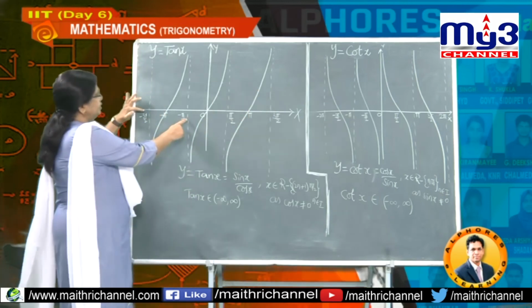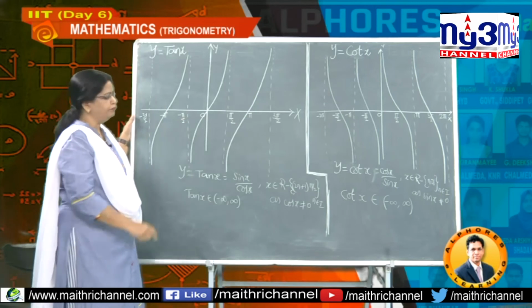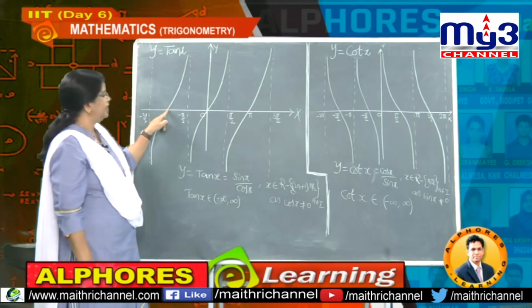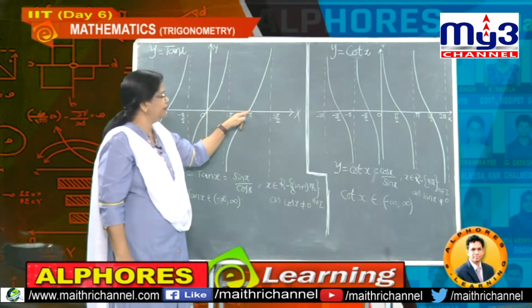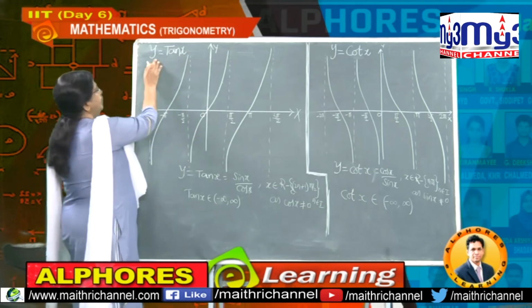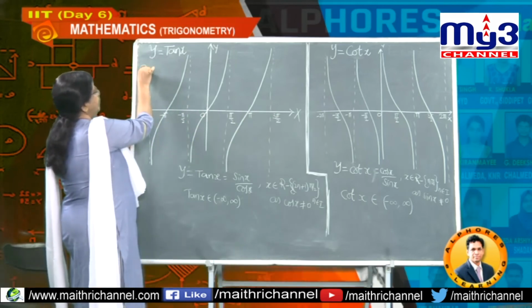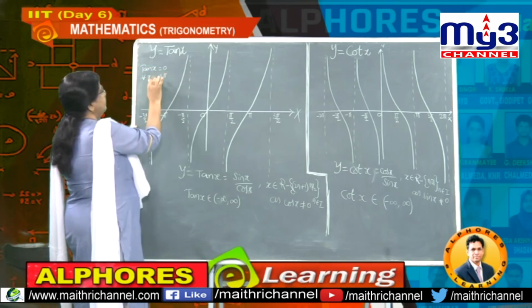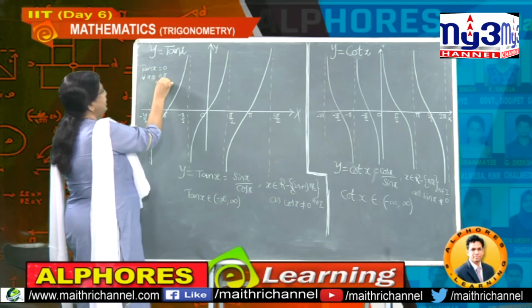Again between these two vertical lines, this is the curve. And where it meets the x-axis, it meets at integral multiples of pi, because we have already discussed that tan x is 0 for all x equal to n pi, where n is an integer.